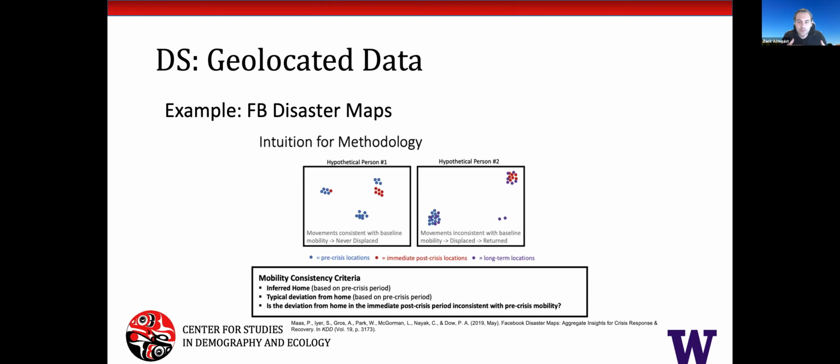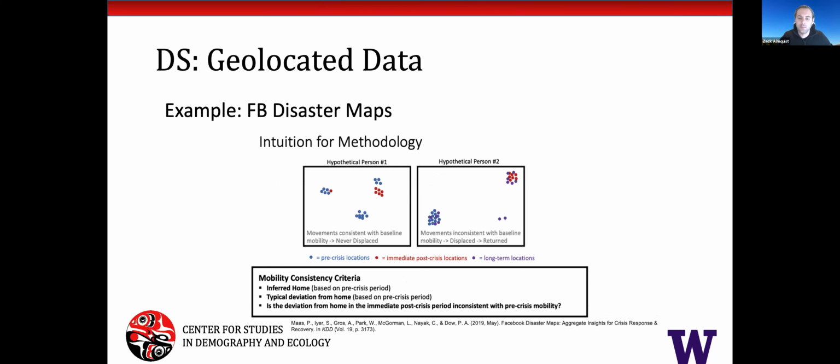So one of the things with the geocoded data is you need some sort of algorithm to make sense of it, to make it useful. The one that's used by Disaster Maps is pretty clever. They look at where you were sleeping for at least 3 days in the period before the disaster, and then they look at where you've been sleeping for at least 3 days post-disaster. So this is going to limit some people.